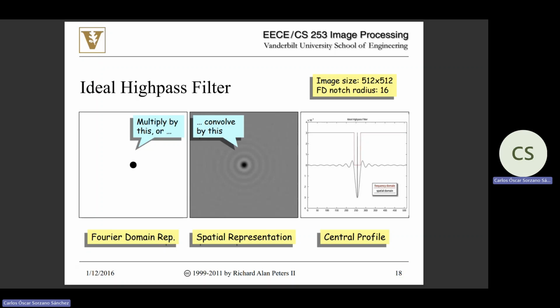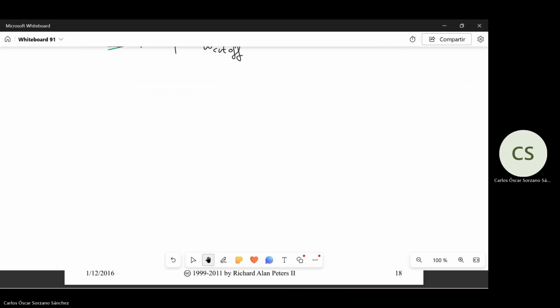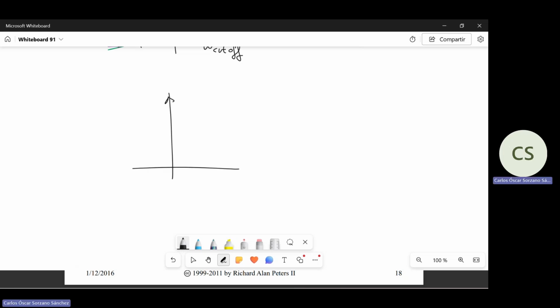So how do we do an ideal high pass filter? The ideal high pass filter would be this one. So let's say high pass filter, omega goes to 1, then it has a cutoff frequency, and it is this one.